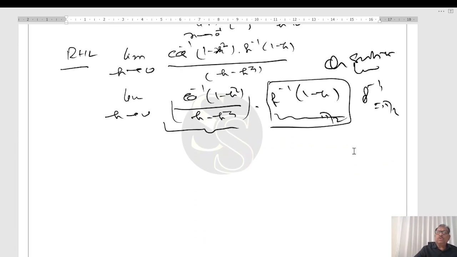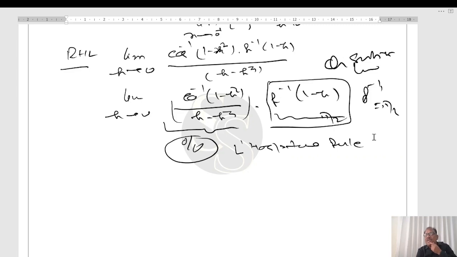Now, this is 0 by 0 form. We do not write any formula in this case. There are two methods, by substitution method or by using L'Hospital rule. What is in L'Hospital rule?